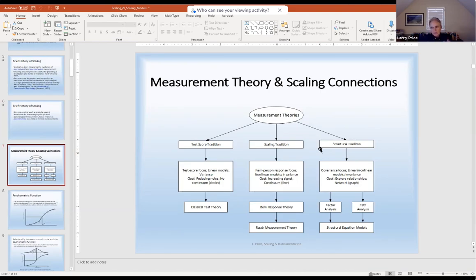One other thing I should mention before I leave this slide. In the test score tradition, an important historical thread is this. In 1881, there was a person over in London, in England, whose last name was Edgeworth.